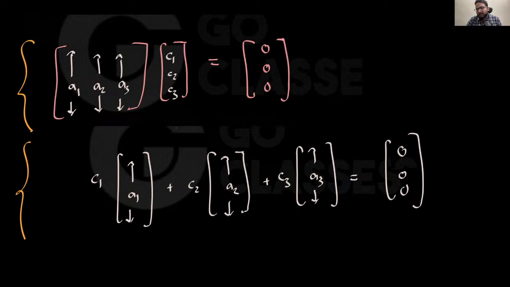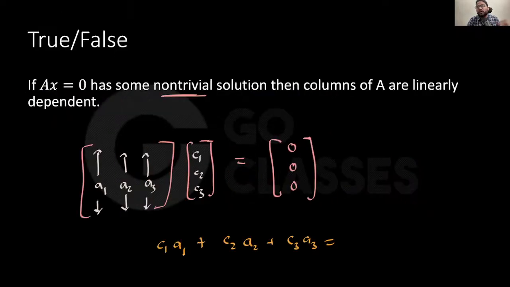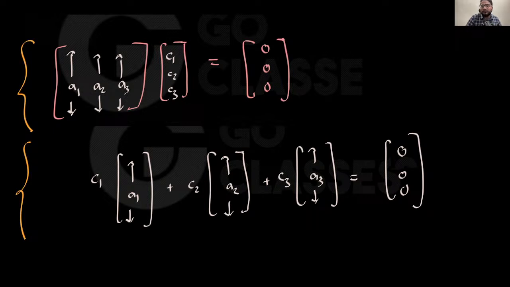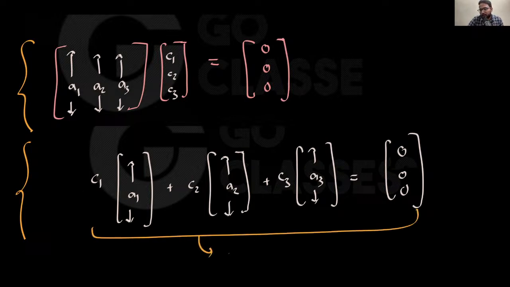Now, if I say that Ax equal to 0 has some non-trivial solution, I'm saying that there is some non-zero solution that also satisfies this, which means there is some non-zero ci. If this kind of equation is given to me, I always ask the question: do you have some non-zero ci?